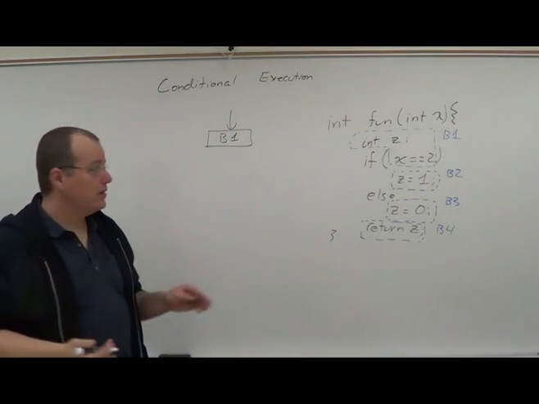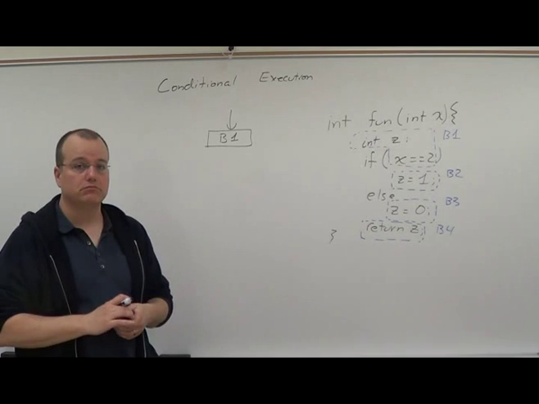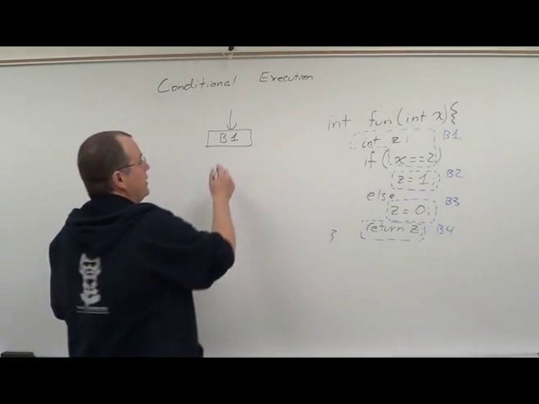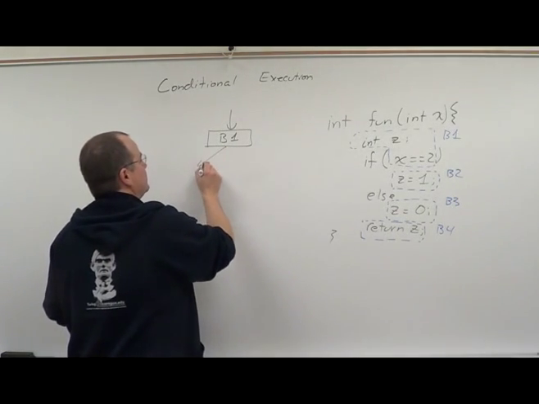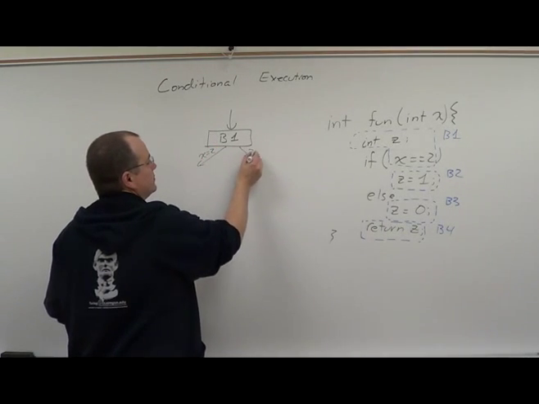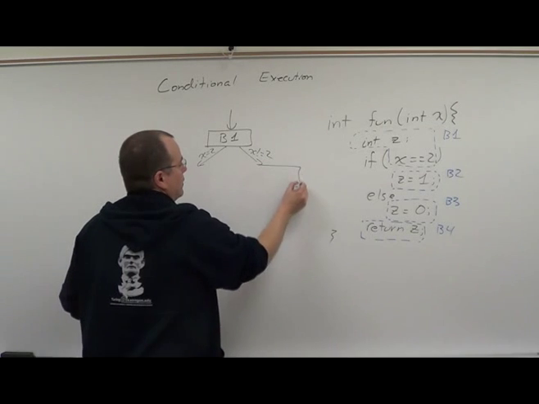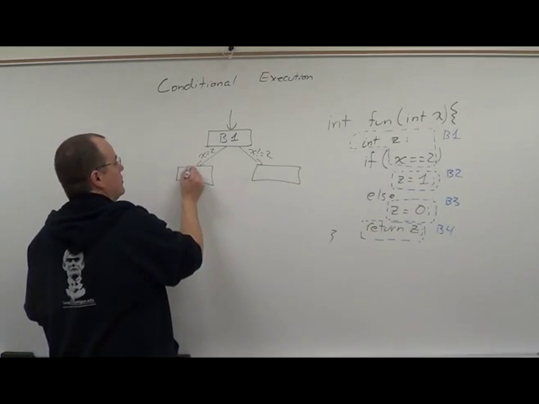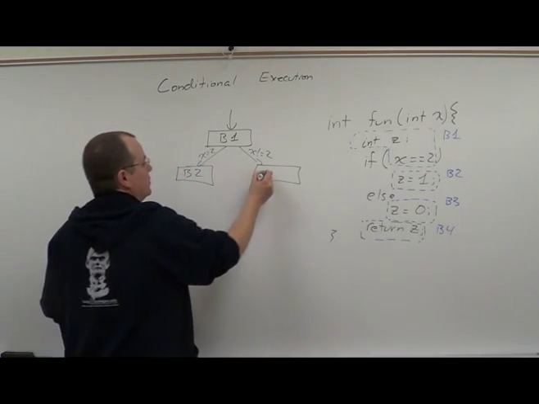Whenever the function gets called, you're going to execute basic block 1. Always. Then, depending on if this expression is true or false, you're going to execute either B2 or B3.